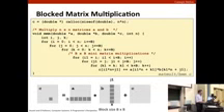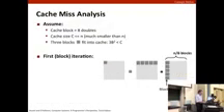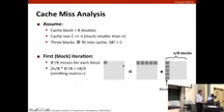All right, so let's look at what happens to the miss rate when we do this. There's n over b blocks in any row or column. And since there's b squared items in each block, there's b squared over 8 misses for each block.